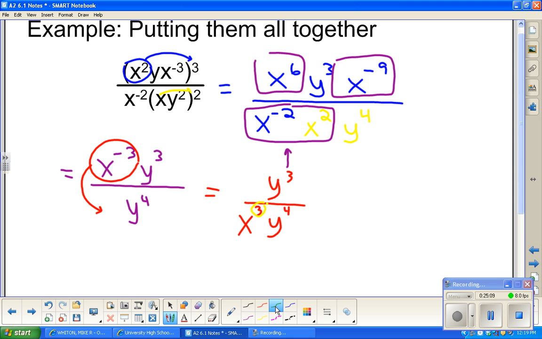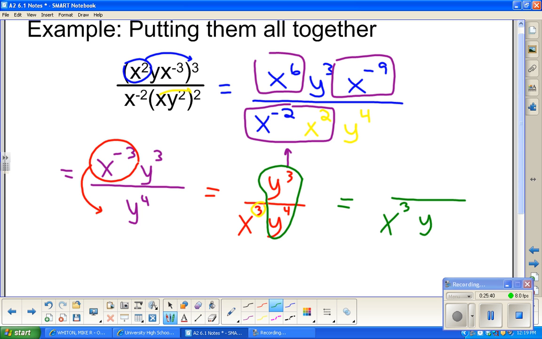We have one last thing. We have y to the third over y to the fourth. We know how to reduce that. We have x cubed here. There's an extra y on the bottom. If we start canceling everything with the y's, there's one more y on the bottom, because there were 3 y's on the top, 4 on the bottom, and when we cancel, there's one extra y on the bottom.